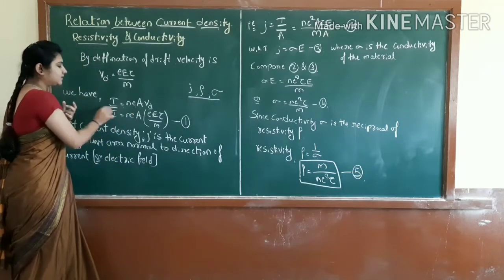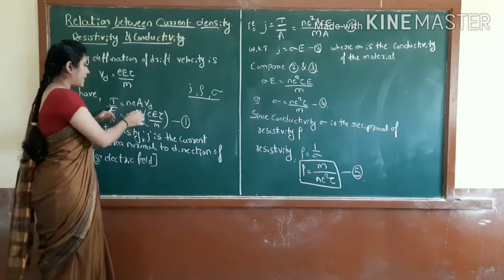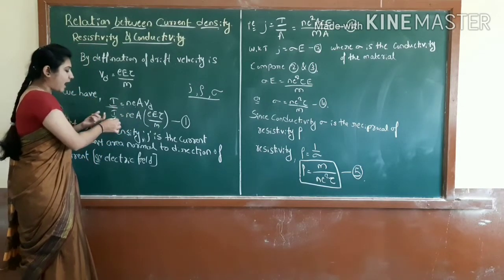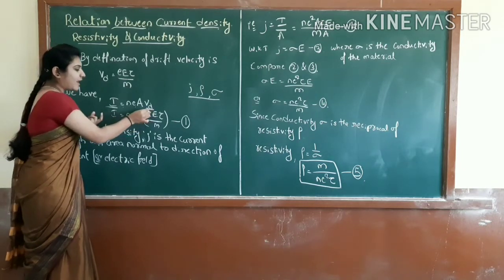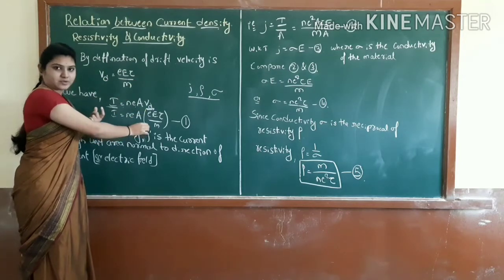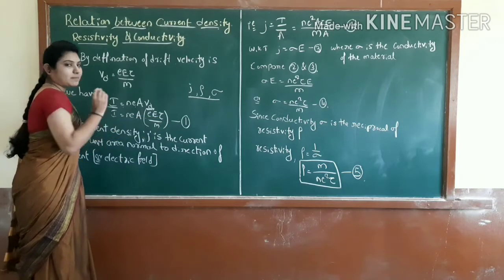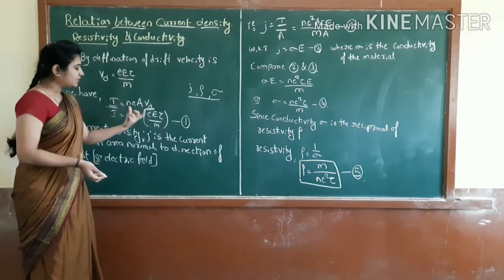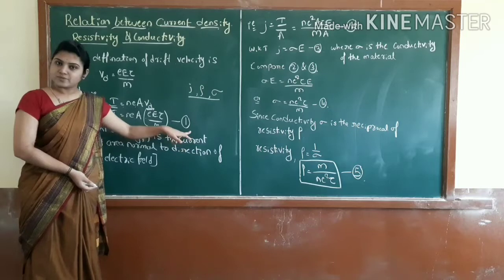So this is the relationship between current and the drift velocity. So I is equal to neA, and the value of Vd from this definition I will put here. What is that? e E tau divided by m, correct? I just put the definition of the drift velocity in this equation, take it as equation number 1, right?